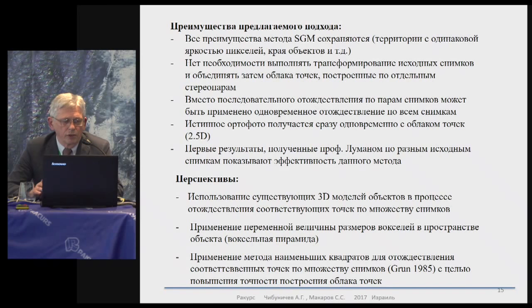You can work with all the images as opposed to working with stereo pairs. I, for one, believe that this is another advantage. I talked about orthophoto, and what Professor Luhmann obtained confirms high efficiency of this approach.